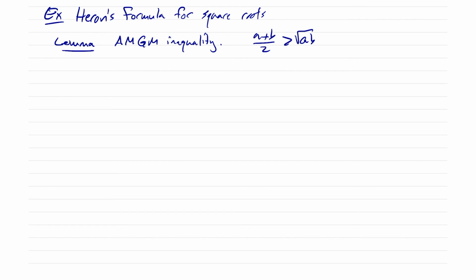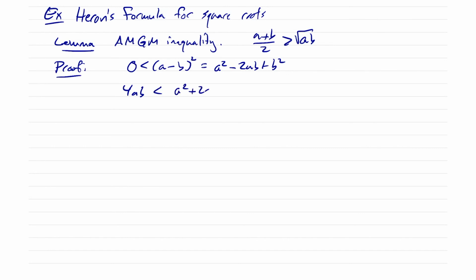All right, and the proof is really straightforward. Okay, so this is actually pretty easy to show. We get 0 is less than or equal to (a minus b) squared, so the square of any real number is non-negative, and this is equal to a squared minus 2ab plus b squared. Now if we add 4ab on both sides, we get 4ab on the left is less than or equal to a squared plus 2ab plus b squared.